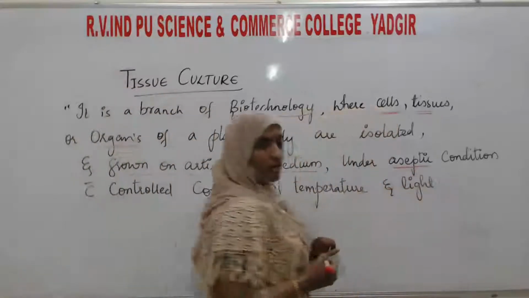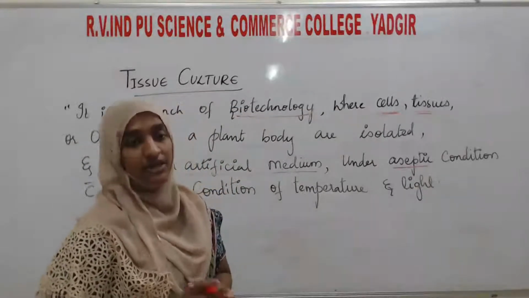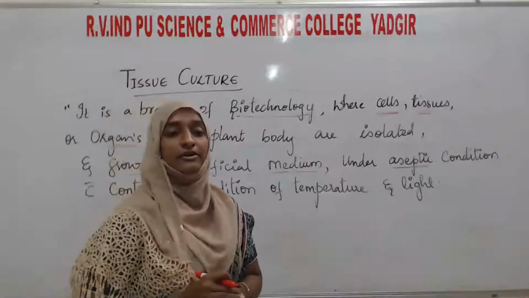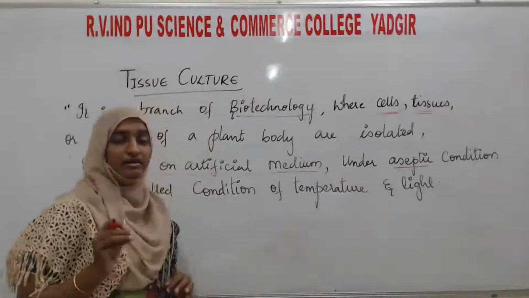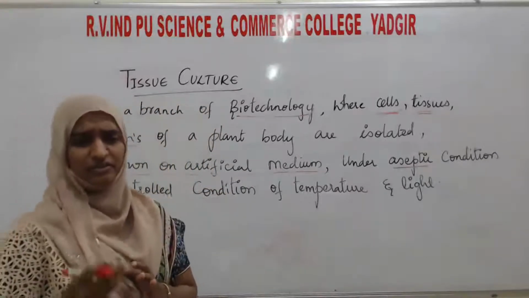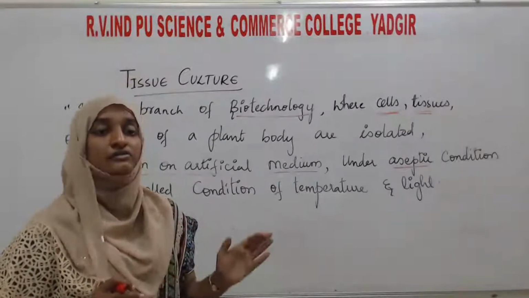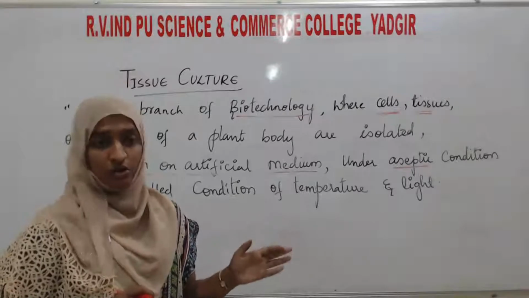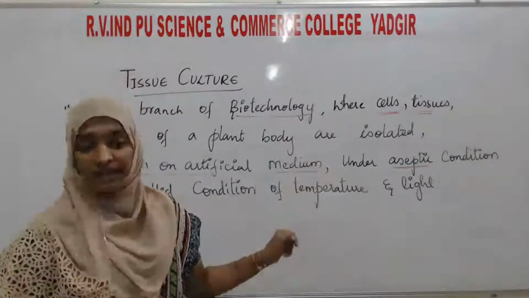Aseptic means sterile condition. It should be free from microorganisms, so that harmful microorganisms or microbes should not destroy the plant growth. That's why they say under aseptic or sterile condition.